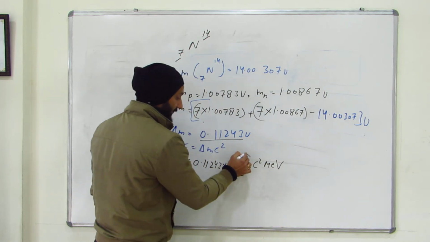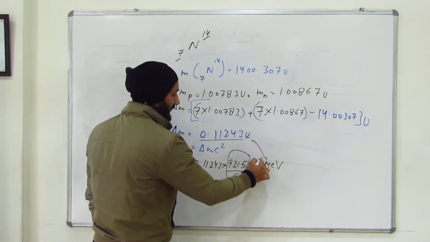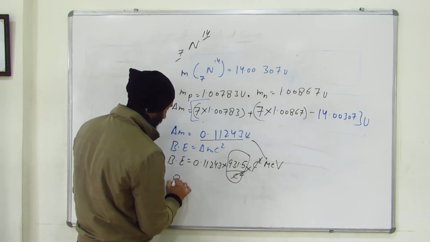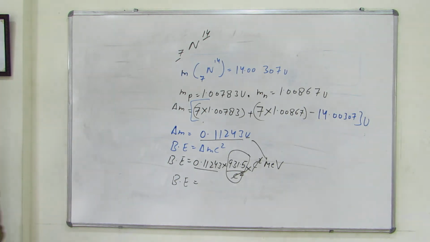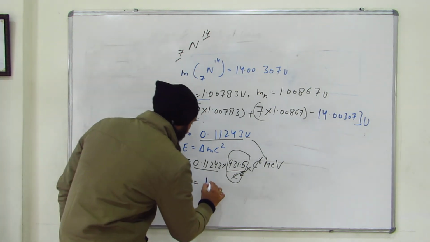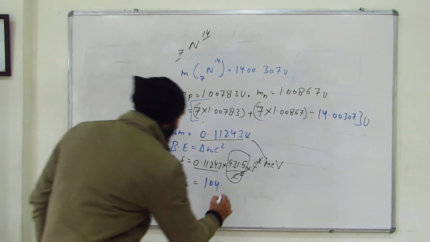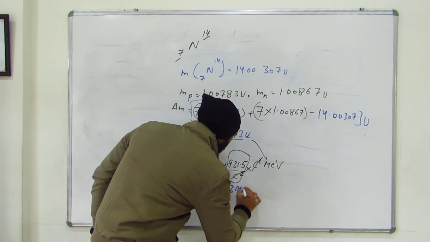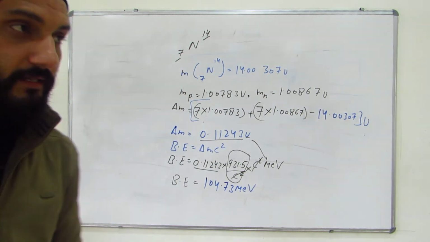So by multiplying with this factor, it has converted this U into MeV, and C square goes off. Now if you multiply this your answer will come in million electron volt, and kindly do that part as well. It will be 104.73 MeV. So that is one question.